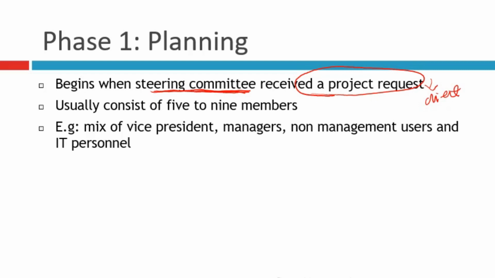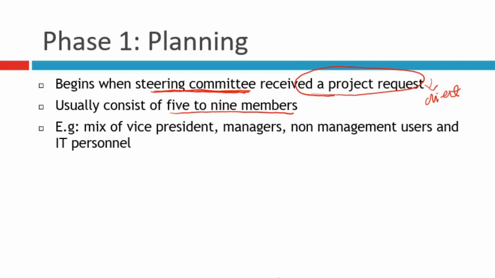Now who is the steering committee? The steering committee consists of 5 to 9 members. Normally this is the range of total individuals in the steering committee, 5 to 9 members. And who are the 5 to 9 members?